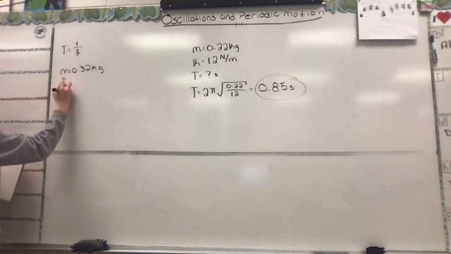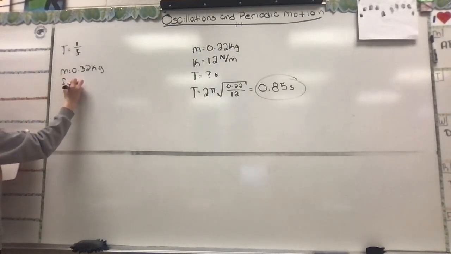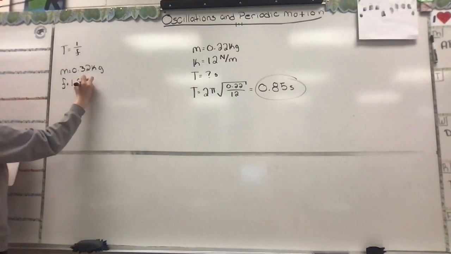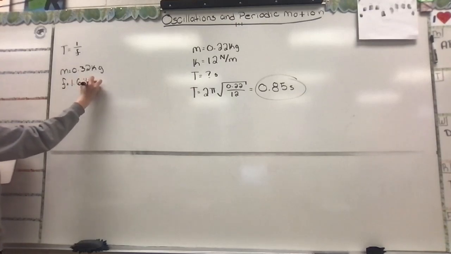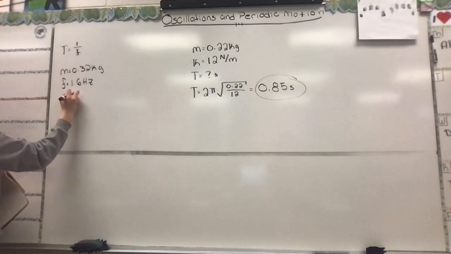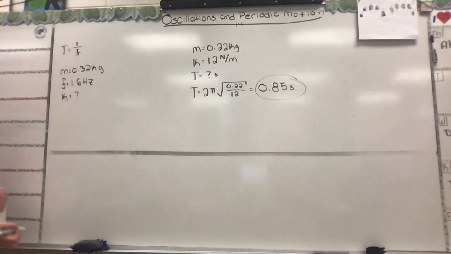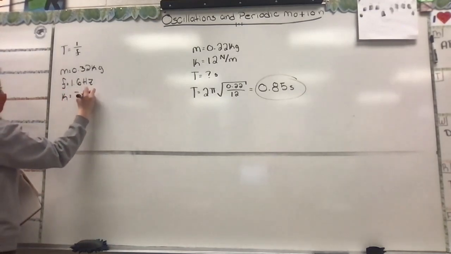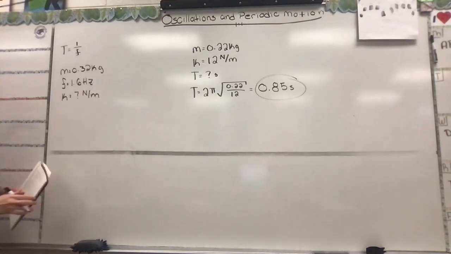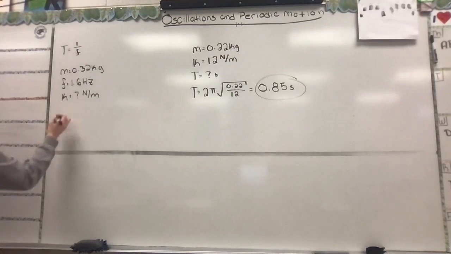And we're told that it has a frequency of 1.6 hertz. We want to know what the spring constant is. Yeah, but first, before we do that, we're going to want to rearrange the equation to solve for k.